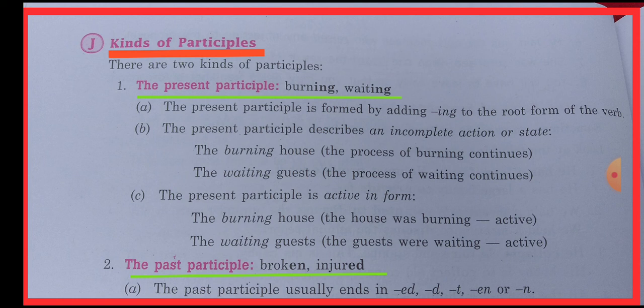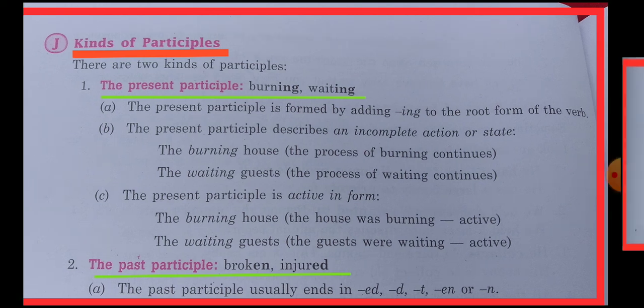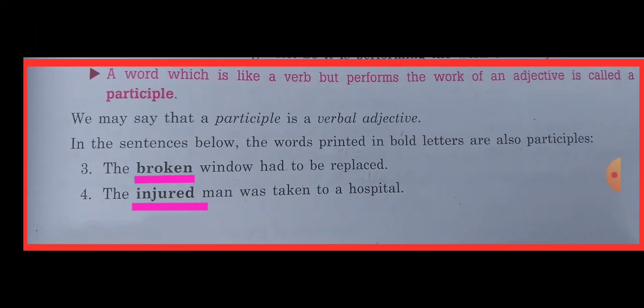And in the past participle, the form used is the verb's second form, and it will work like an adjective. Like: the broken window had to be replaced. Here broken is the second form of the verb break, but here it is not performing any action.